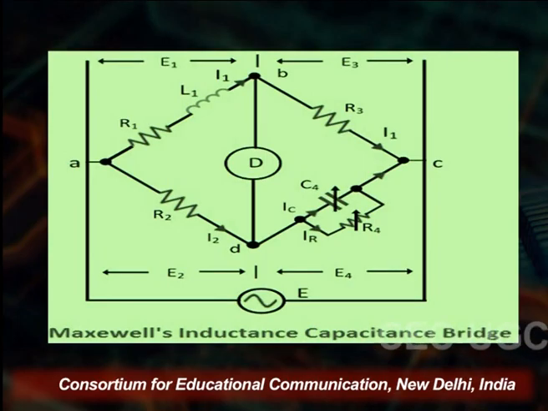If we talk about the connection of this bridge, on the right hand side you see a different arrangement, where the capacitance is arranged with the resistance. The other circuit is the same, but on the right hand side the arm C and D is changed as we add the capacitance C4 here.